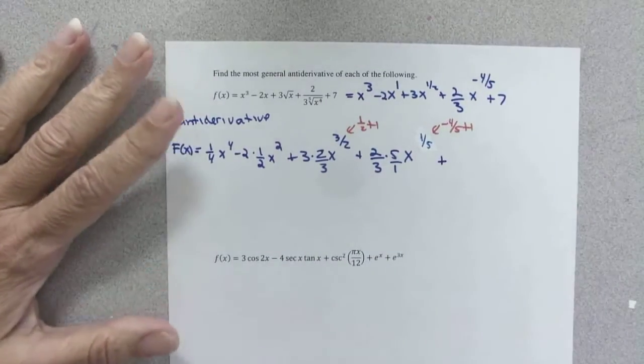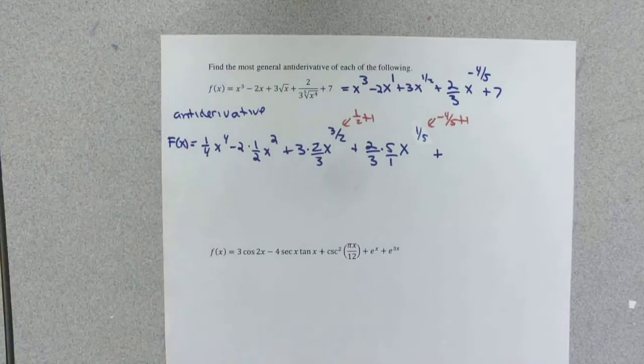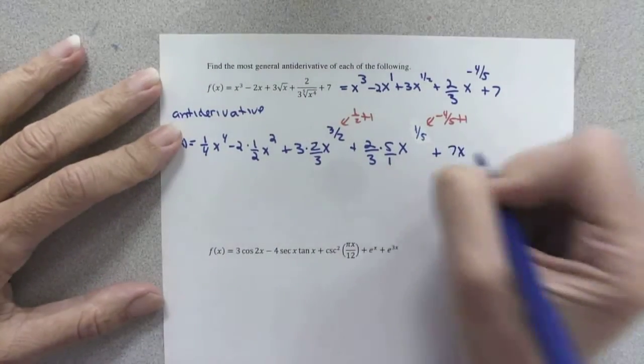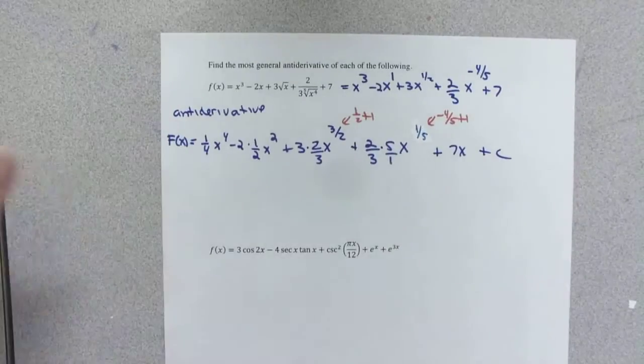And then finally, the antiderivative of a constant. Be sure you remember you're doing an antiderivative here. So you're asking yourself, what has a derivative of 7? That'd be 7x. And then we put on that plus c.